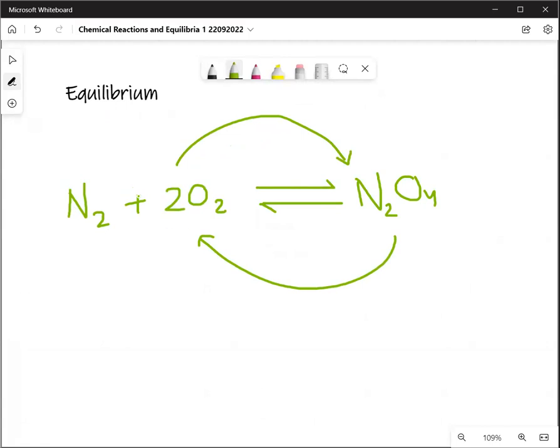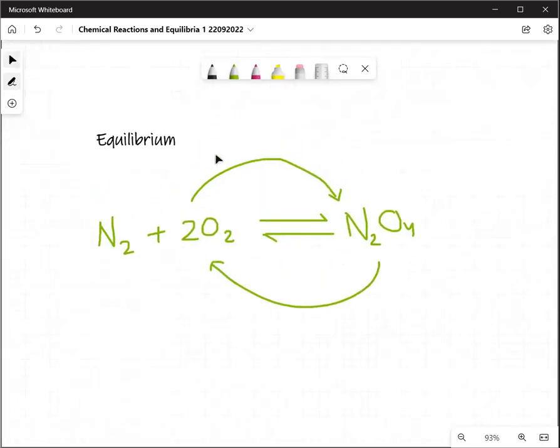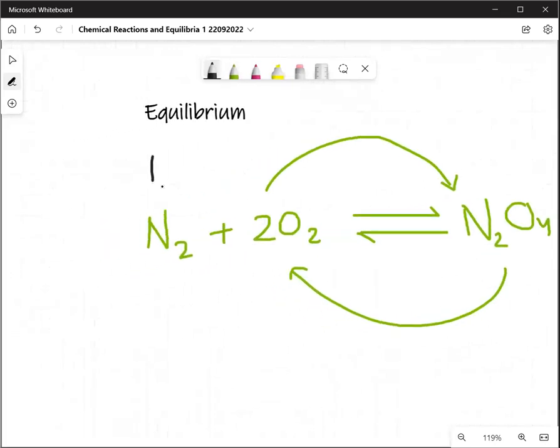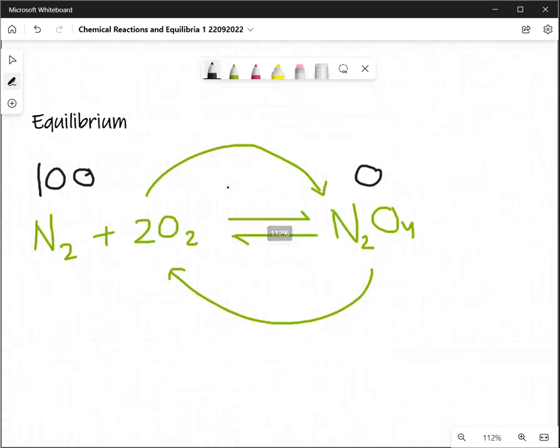Some of them are joining together to become N2O4, and some of the N2O4 is going backwards to break down into nitrogen and oxygen. But let's say when you start this, you put 100 of these and 0 of these. Now what do you think? Is the reaction going to go forwards or backwards?